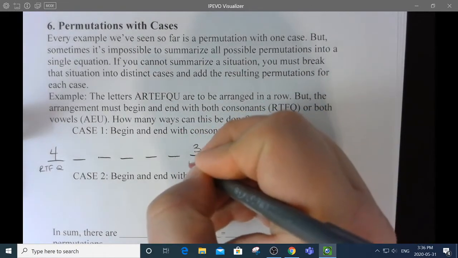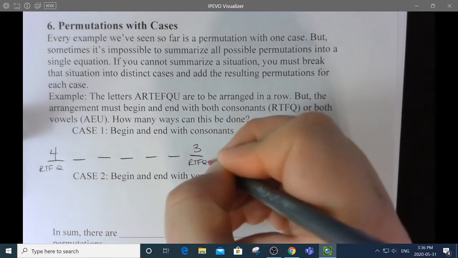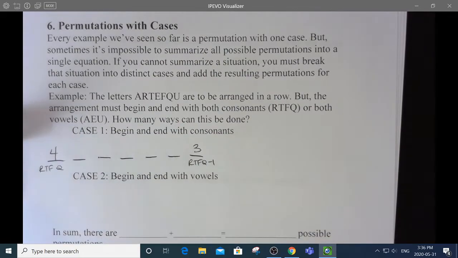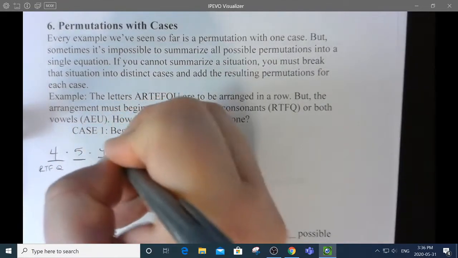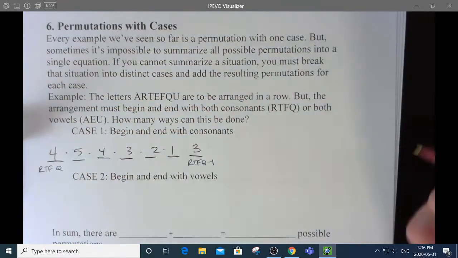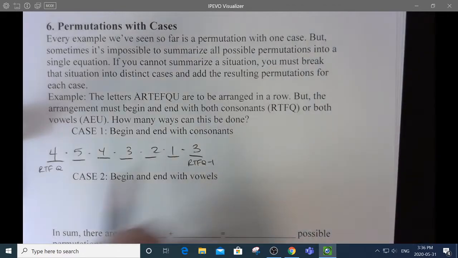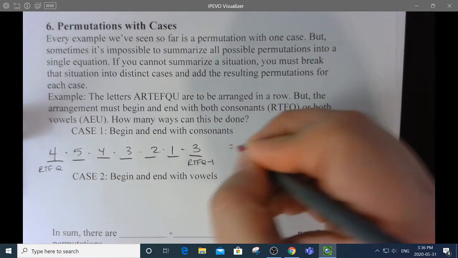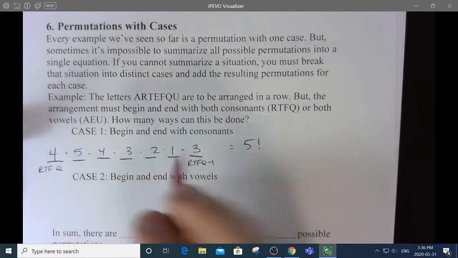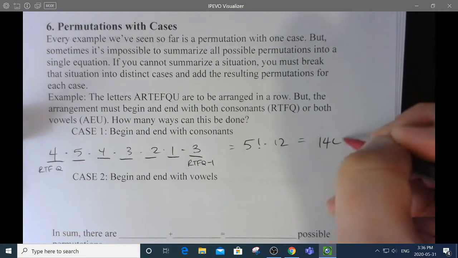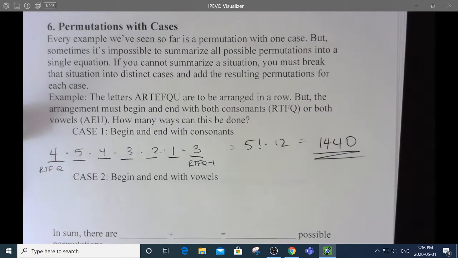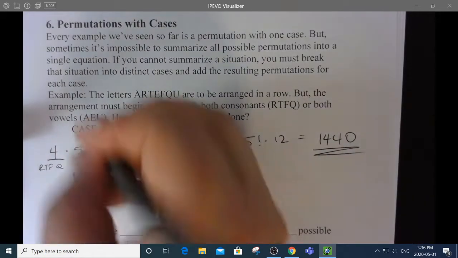So that's R, T, F, or Q minus 1 because I already used one of them on this side. Now, there's still 5 tiles for me to place, and I can place them in any order I want. So 5 times 4 times 3 times 2 times 1. So this is 5 factorial in the middle times 4 times 3, which is 1,440 possible arrangements. That's just case 1.